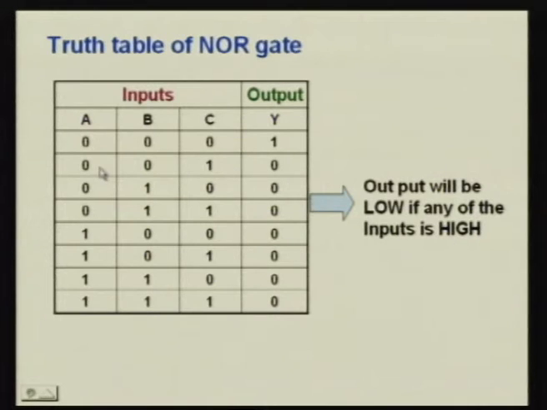Here only C is high, yet the output is low. Here B is high, yet the output is low. Here all 3 are high, and the output is low. So the output will be low if one or more than one inputs are high. This was about the NOR gate.